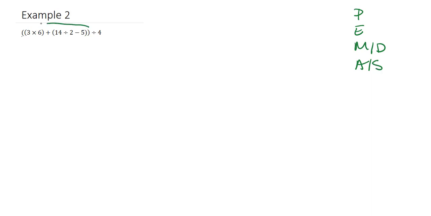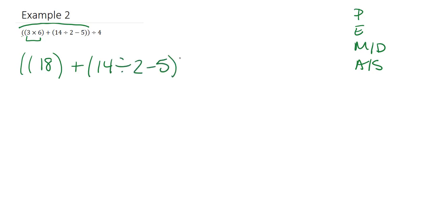We notice we have a large parentheses, and inside we're going to deal with the two smaller parentheses first, and then we'll address the bigger parentheses. If we look at this one, 3 times 6 is just 18, and then plus, and we'll write this all out, we have two operations to do inside.